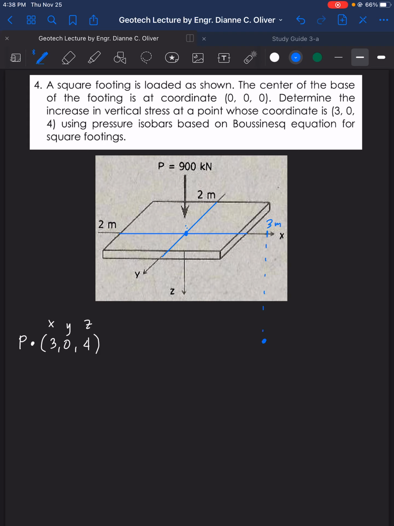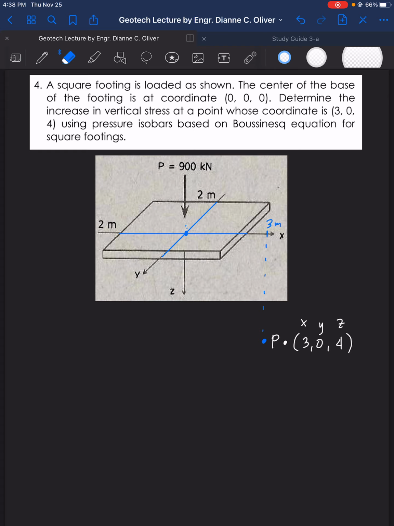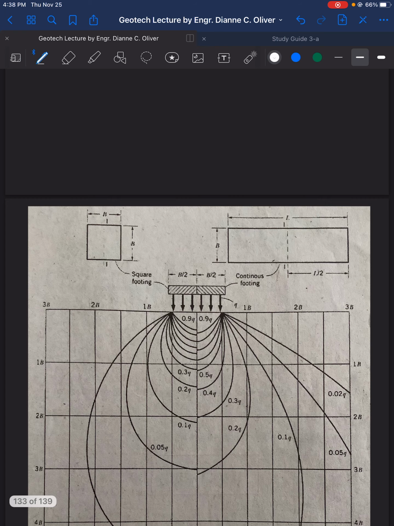So it's probably around here. Okay, so we have now our coordinate, and then let's plot it for the pressure isobars.